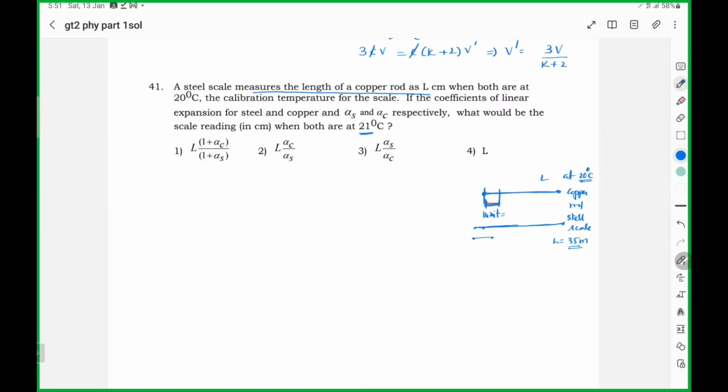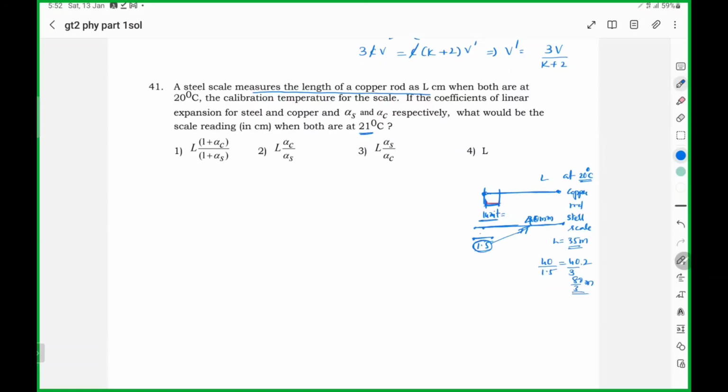Suppose this expands by 1 meter, or let us say 40. The steel scale, instead of 1 unit, changes to 1.5. With this, if you measure 40 meters distance, taking 1.5 as the unit, its length becomes 80 by 3 meters.